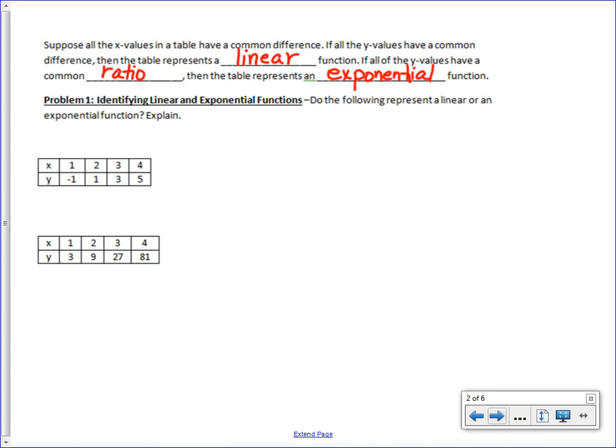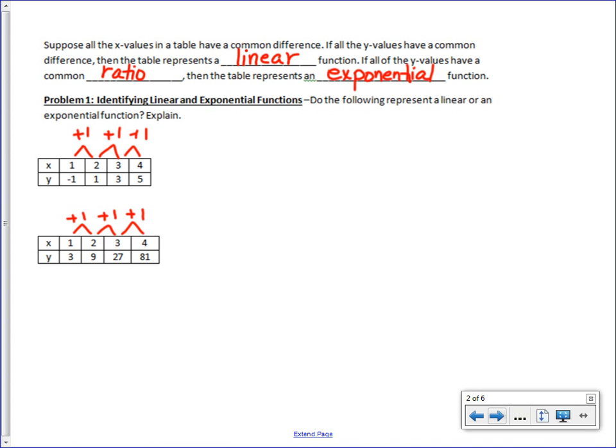All right. Well, first of all, let's look at our x values, and you'll notice in both examples they are going up by 1 each time. The same in this table. Now, they don't have to go up by 1, but we do need to recognize how much x is increasing each time.